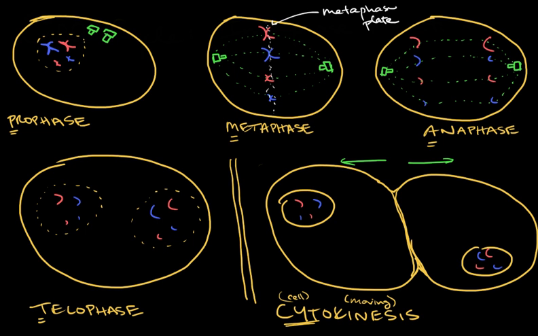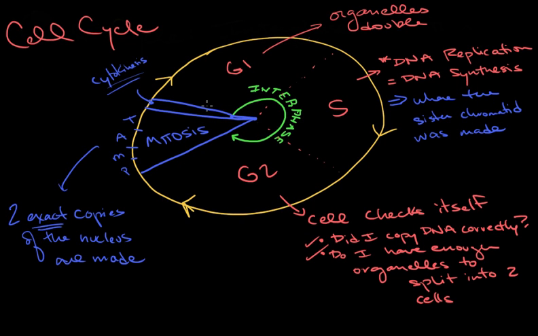And think about this in a larger sense, that you actually started from one cell. A sperm and an egg came together to give you all the chromosomes. That one cell immediately started to go through the cell cycle. It started to go through G1, S, G2, then split into two cells.